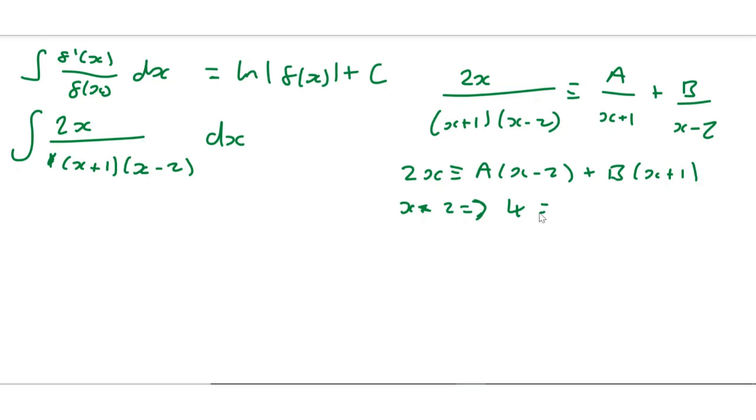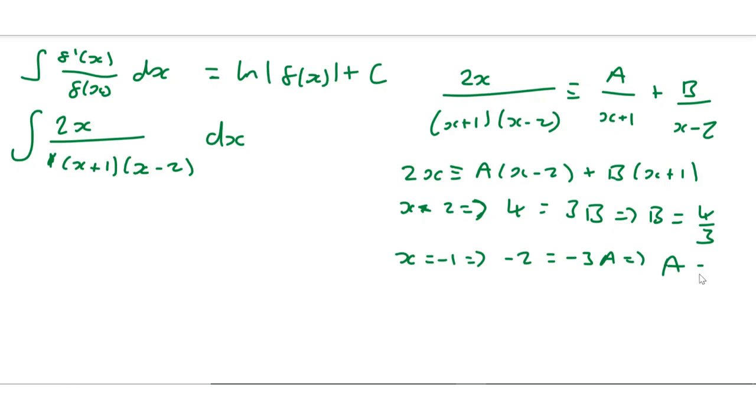So this gives 4 is equal to 3b, and that implies b is equal to 4/3, and then we can take x is equal to minus 1, and that implies minus 2 is equal to minus 3a, and that implies a is equal to 2/3.